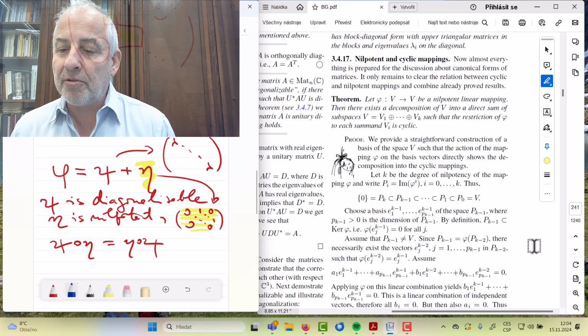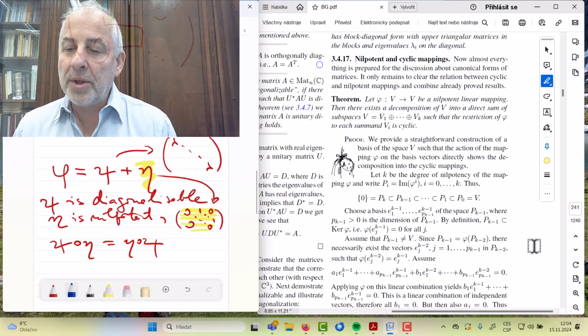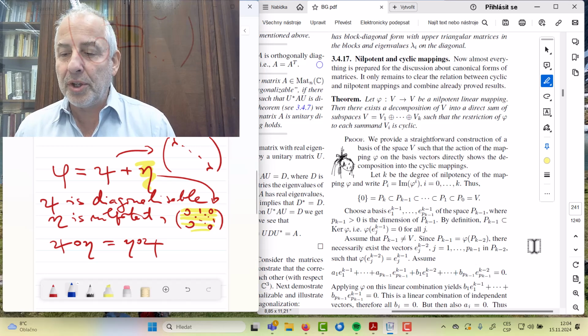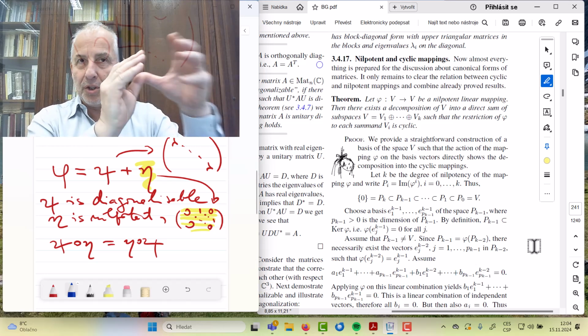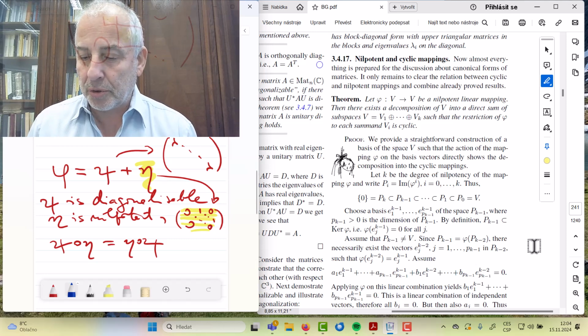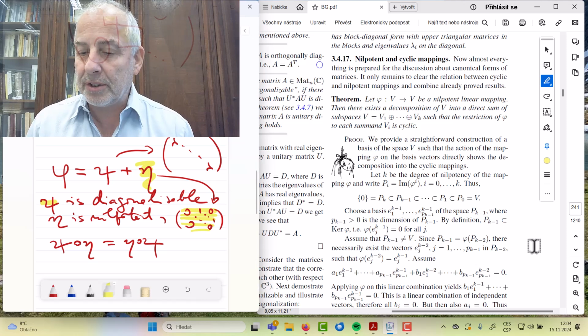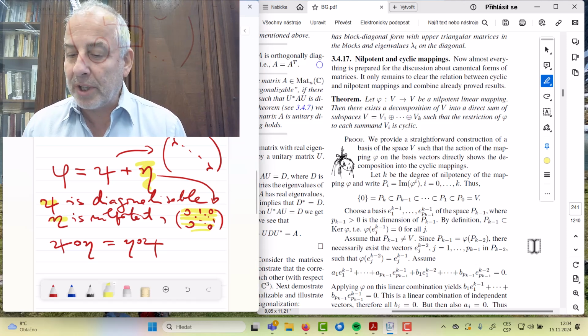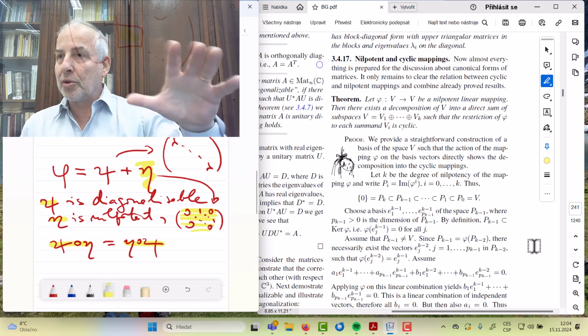But we are still far from knowing that this will give you the Jordan blocks, right? That's also linked to the fact that there would be psi, which is diagonalizable, and eta, which is nilpotent, but we wouldn't know this, and we wouldn't fix the Jordan blocks in a nice way.